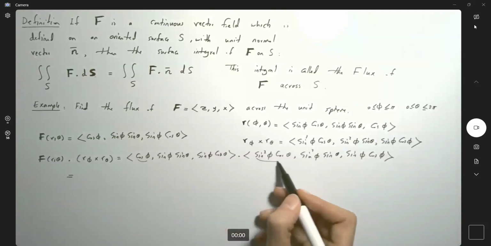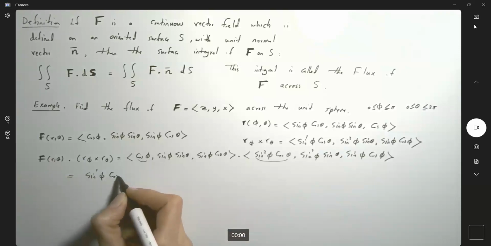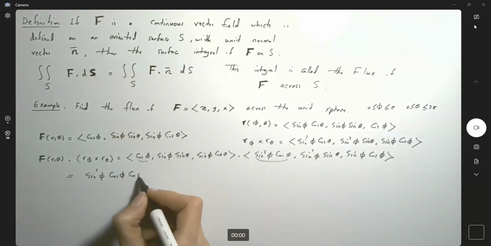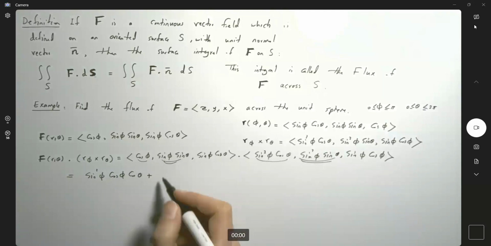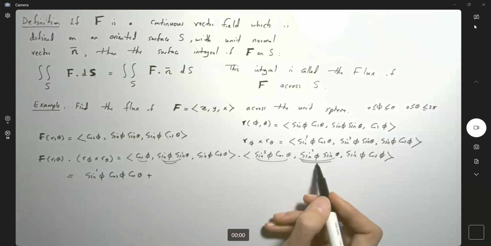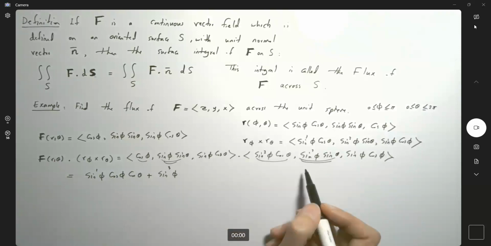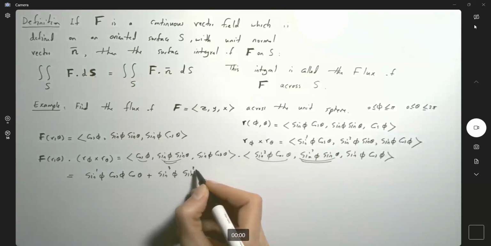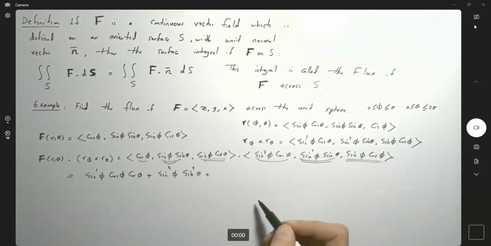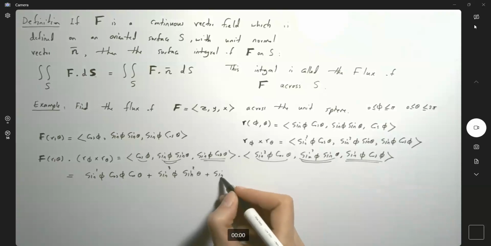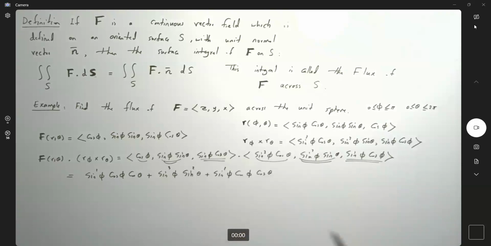We multiply the first components: sine squared phi cosine phi cosine theta, plus the second components: sine to the third phi sine squared theta, plus the last components: sine squared phi cosine phi cosine theta.